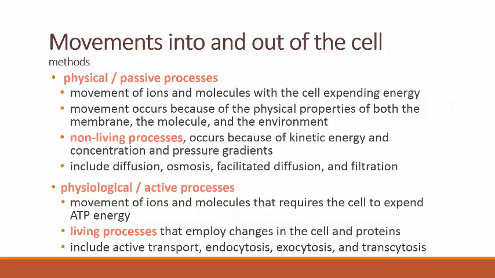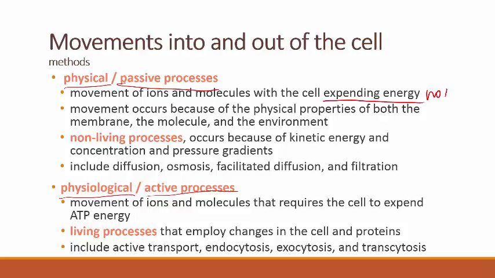And there are two general ways that materials are able to make it across a cell membrane. Through a passive process, also thought of as a physical process, and through active processes, also thought of as physiological processes. So passive processes, that means that it's the movement of materials across the cell membrane without expending any kind of energy.